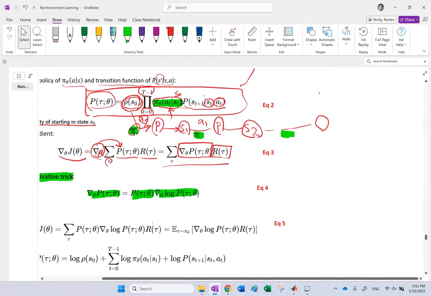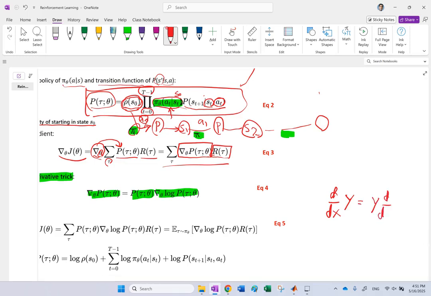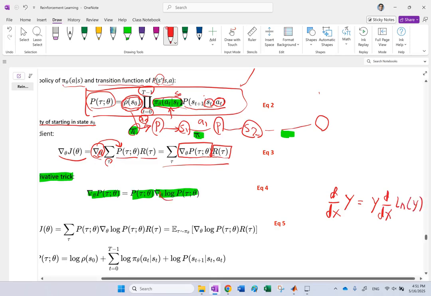Because, for instance, d over dx of y is the same as y times d over dx of natural log of y. By the way, when we say log, we are talking about natural log.